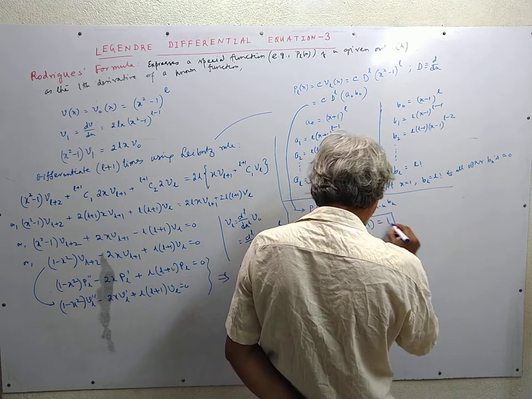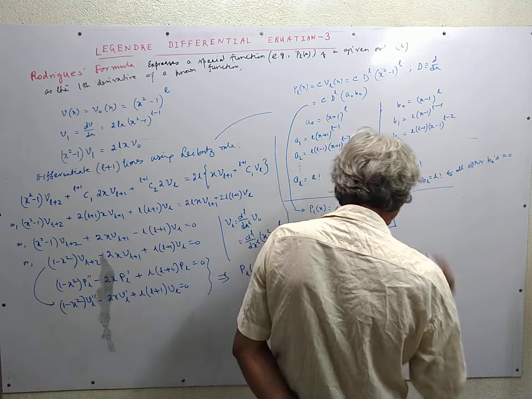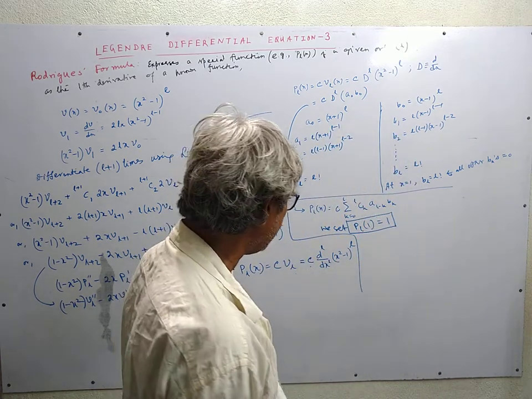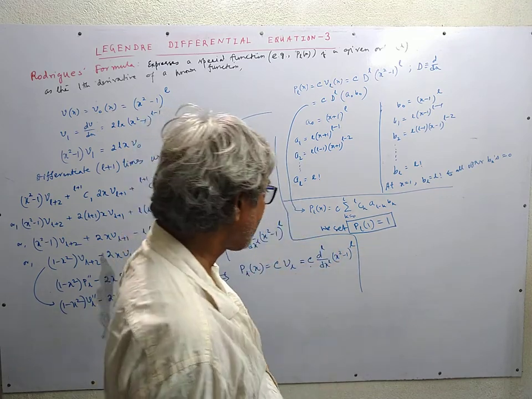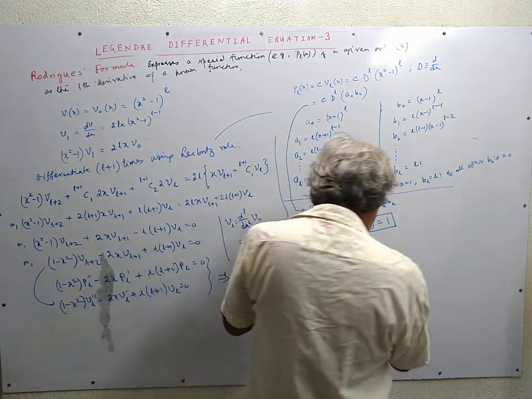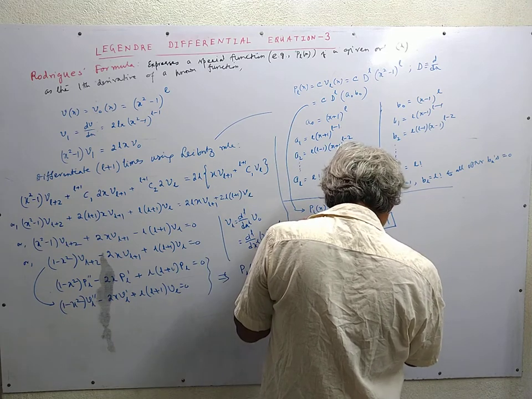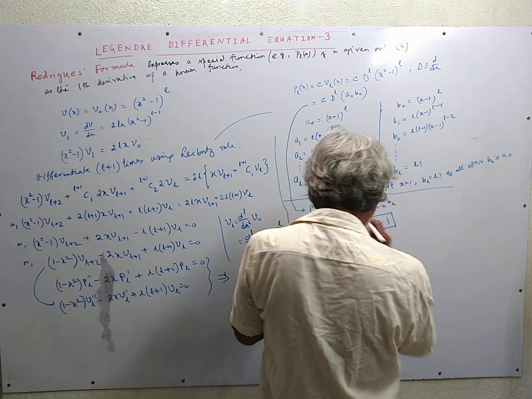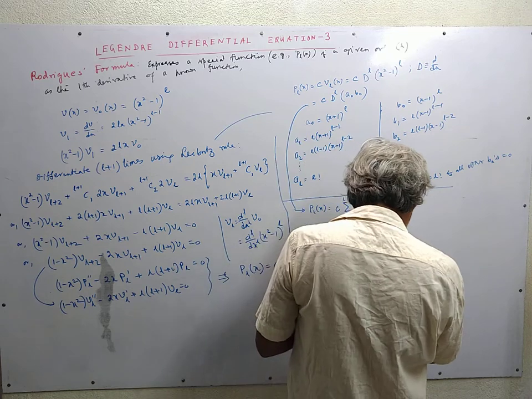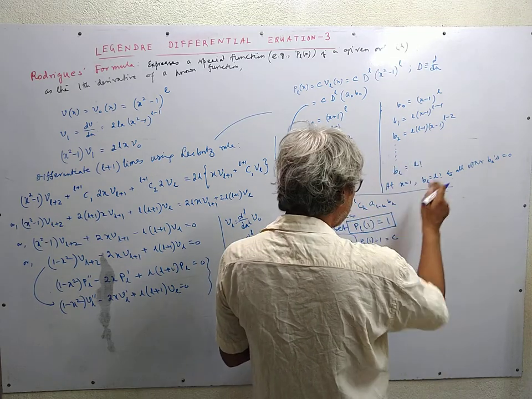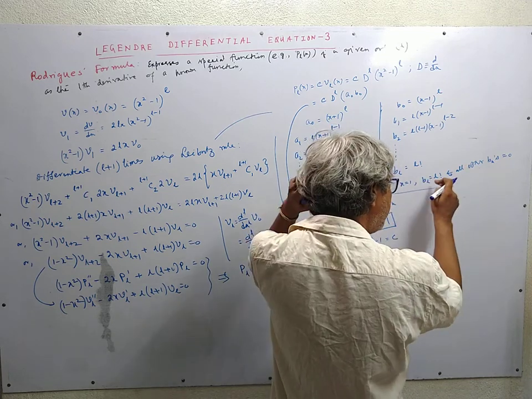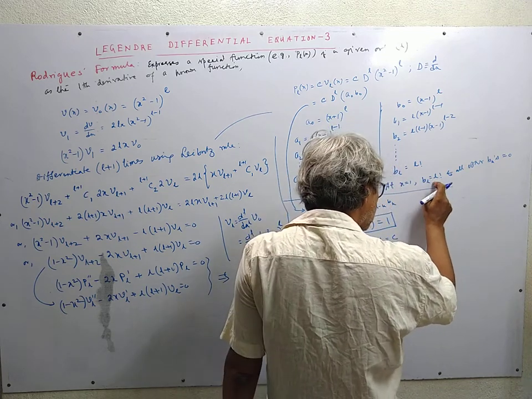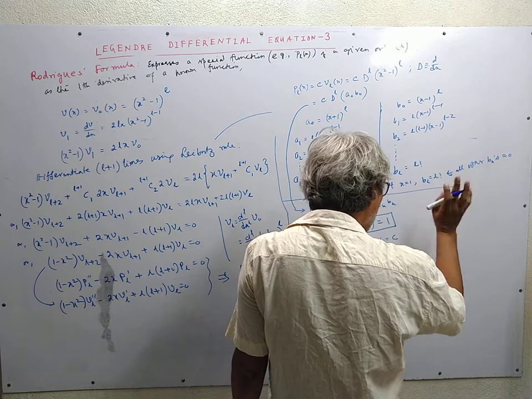This is a very important property of Legendre polynomial. So if we apply it, we see that PL of 1 is equal to 1, and on the right hand side we have C, and if we expand this, then we find that only BL is non-zero and all others are 0.